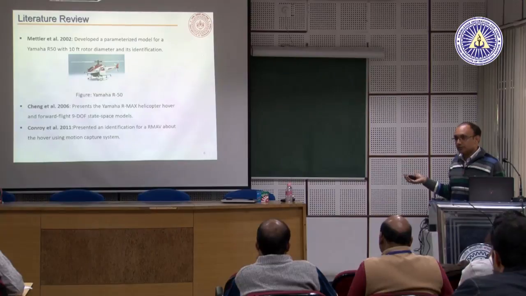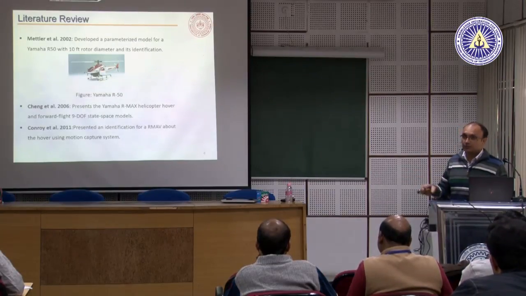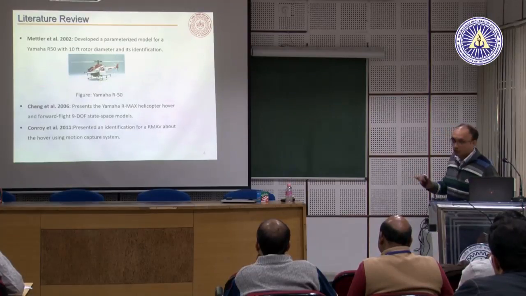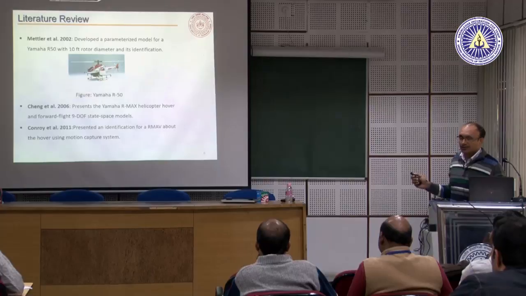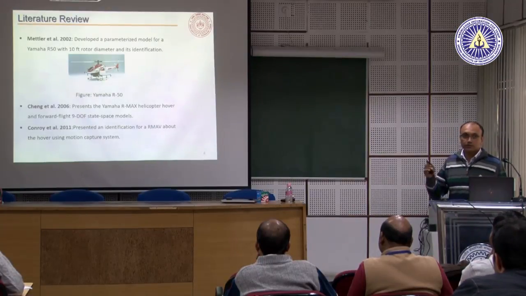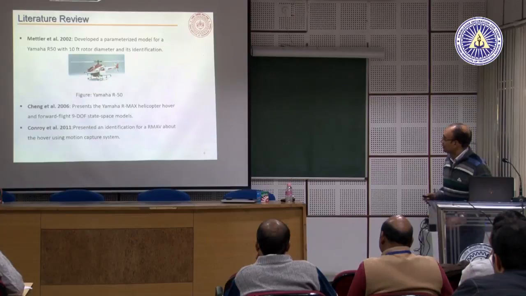So it was used extensively in Japan, the US and even in Australia for spraying pesticides on fields. But now this has been taken out of the market completely, and I believe Northrop Grumman has taken the rights to this helicopter and converted it into a military version called the RBAT, Yamaha RBAT, or rather it is now called just RBAT, that is all.